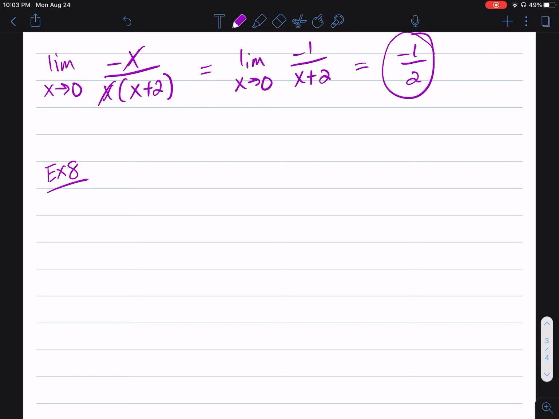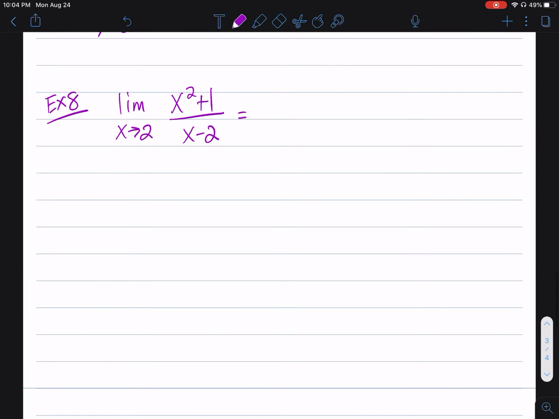All right, example 8. So limit as x approaches 2. If we plug 2 in, 2 squared is 4, 4 plus 1 is 5, and then when you plug 2 in on the bottom, you get 0.